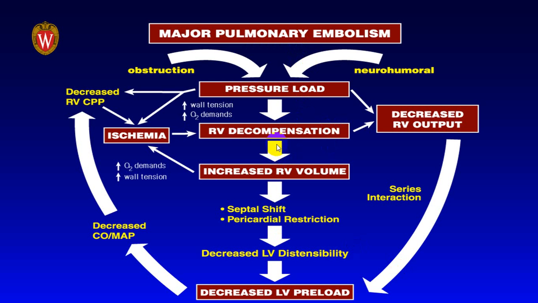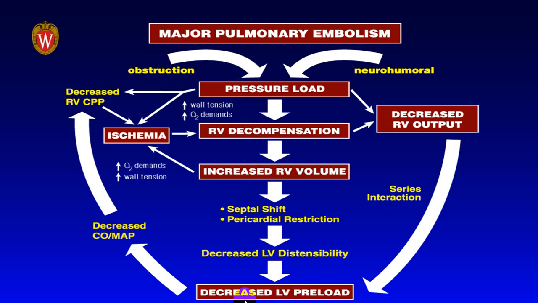So, because of major pulmonary embolism, you will have an obstruction and the neurohormonal system will be working. So there will be pressure load which will give rise to RV decompensation, increased RV volume, septal shift, pericardial restriction, decreased LV distensibility, decreased LV preload.